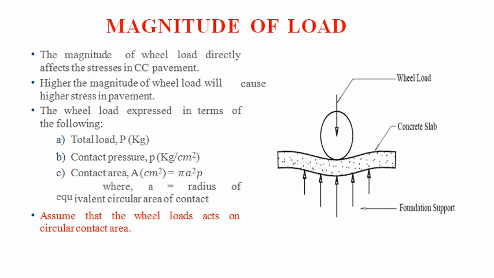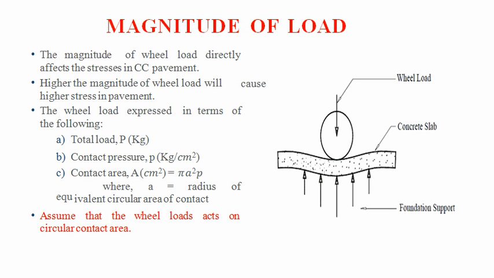Second is the contact pressure, small p, which is taken in kg per centimeter square. Third is the contact area denoted by capital A in centimeter square, calculated using the formula pi a square, where a is the radius of the equivalent circular area of contact.